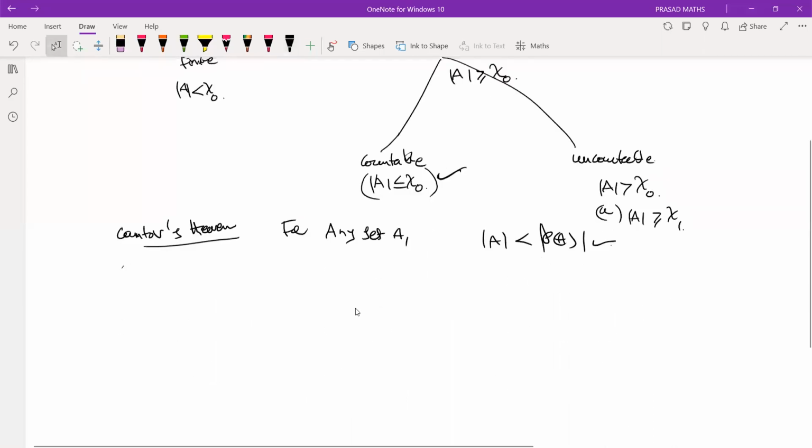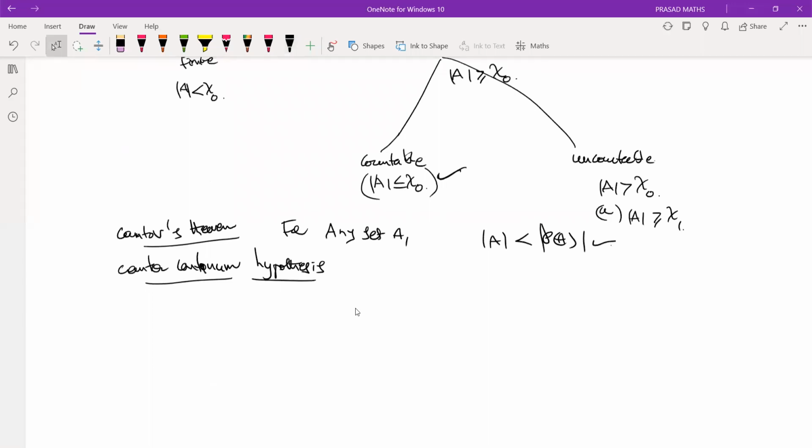And we have seen the Cantor continuum hypothesis: there is no cardinal number between aleph naught and C. So this much we have seen.